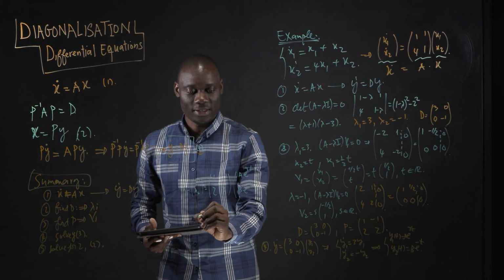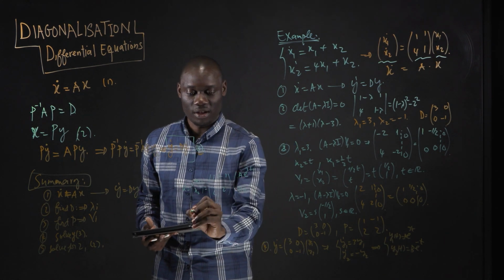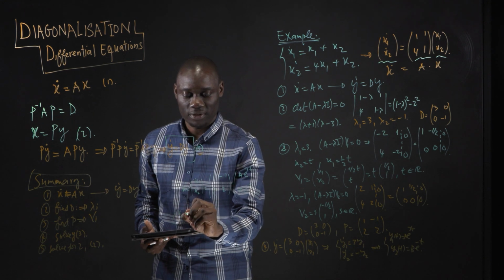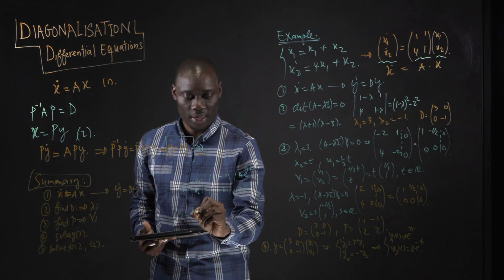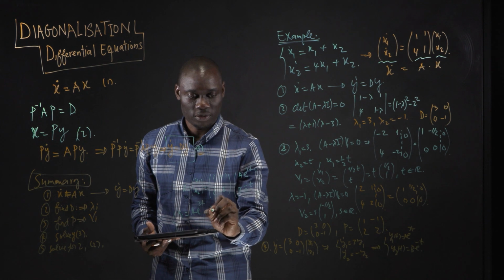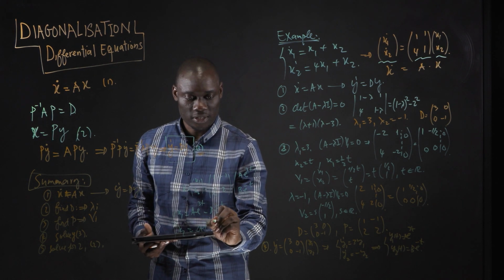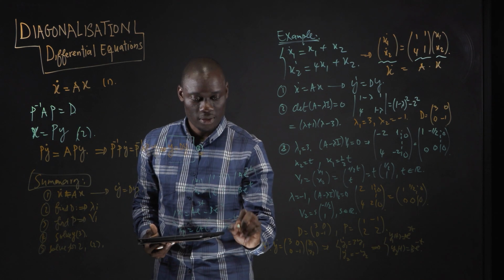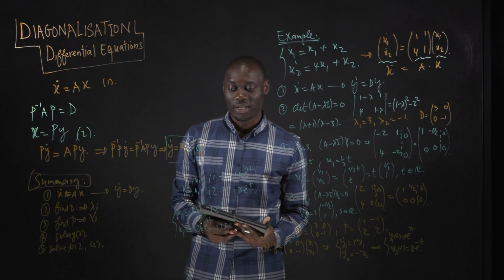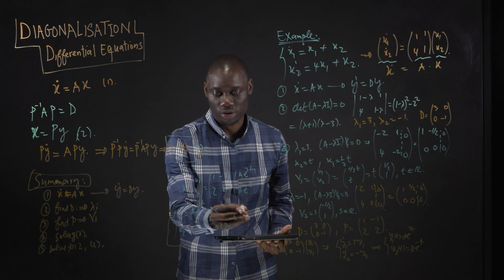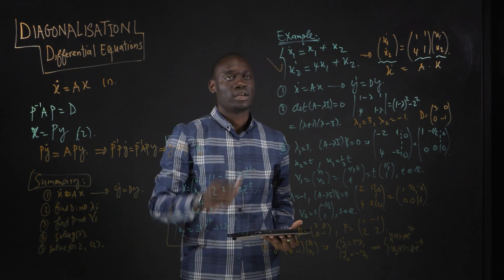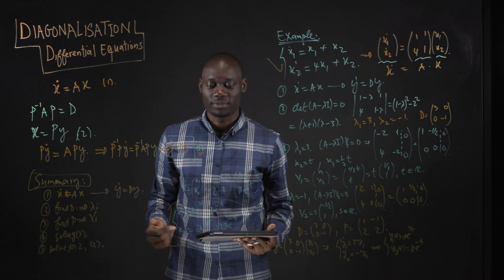You can leave it at this, or you can write it as a system: x1 equals a exponential 3t minus b exponential minus t, and x2 equals 2a e to the 3t plus 2b e to the minus t. So that is the final solution of this system of equations.